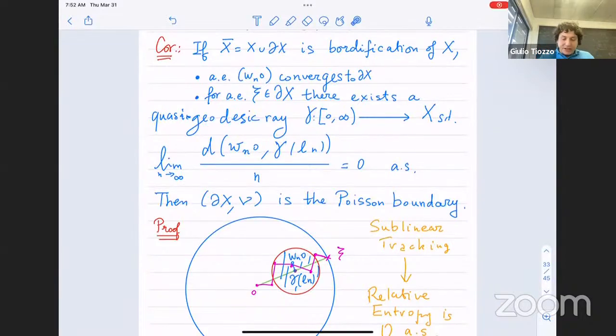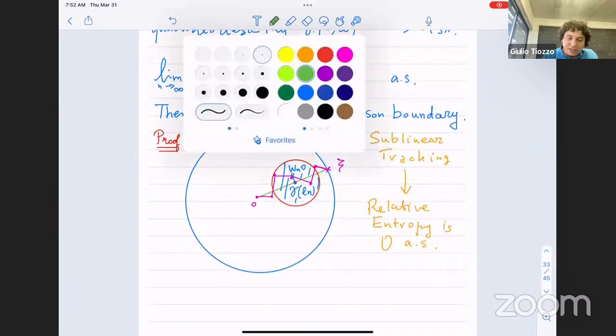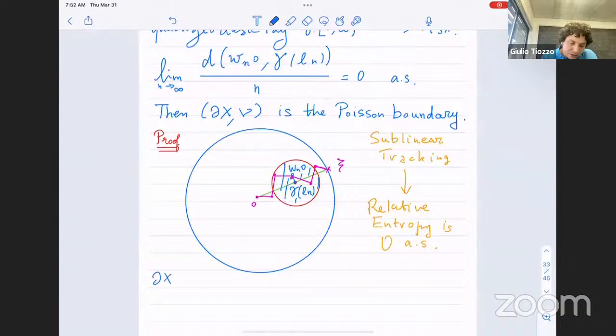And so the idea is indeed using the entropy criterion that I mentioned yesterday, in particular this conditional or relative entropy criterion. So recall that the Kaimanovich theorem said that the boundary that you have is the Poisson boundary.